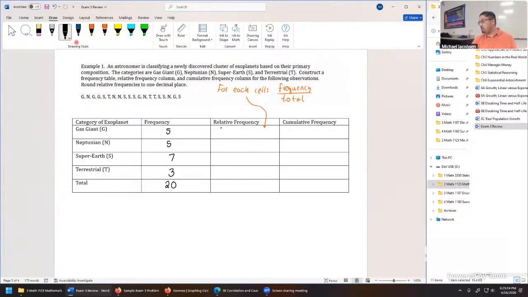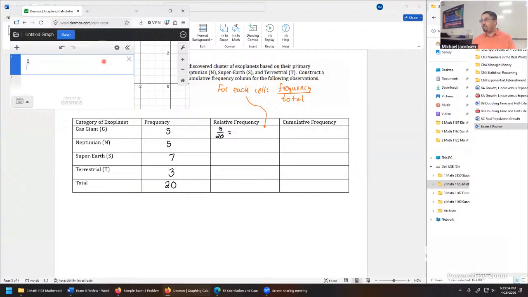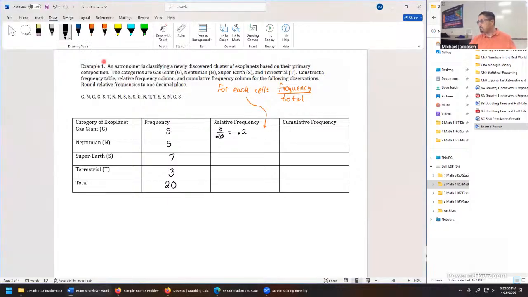So what this means is we're just taking 5 divided by 20. These are kind of nice numbers, but let's just do it in the calculator anyways to emphasize. 5 divided by 20 gives us exactly 0.25. Same figure here, so 5 divided by 20, or 0.25.